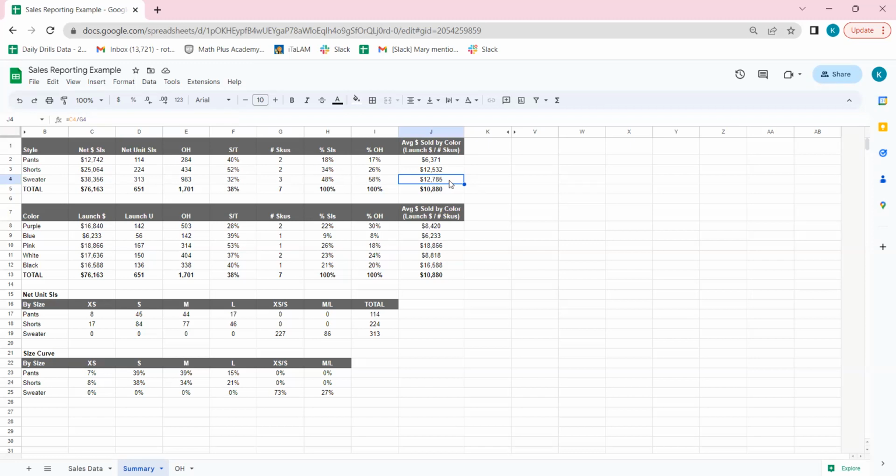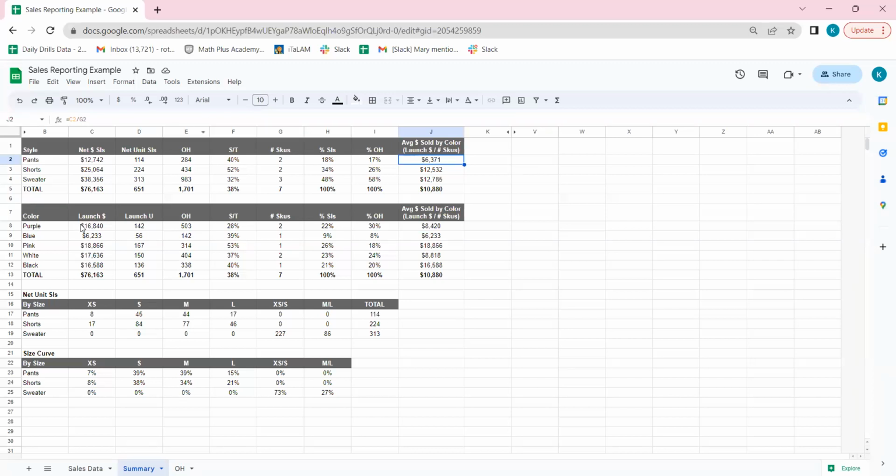So that tells us it was actually very productive. Your least productive would be the pants here, because on average, each color sold about $6,300. So your shorts and sweaters definitely drove the sales.